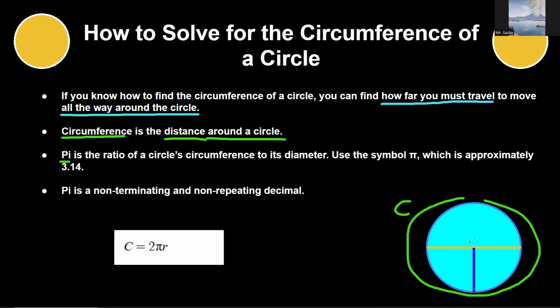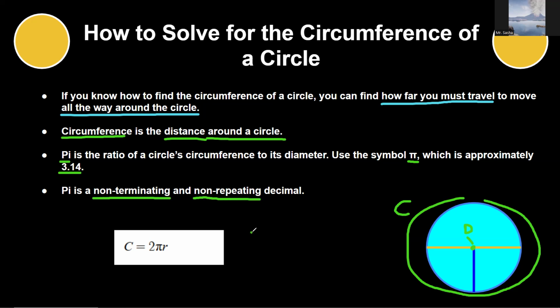Diameter is basically a cross. Yes, this is the diameter. This symbol represents pi, which is approximately 3.14.